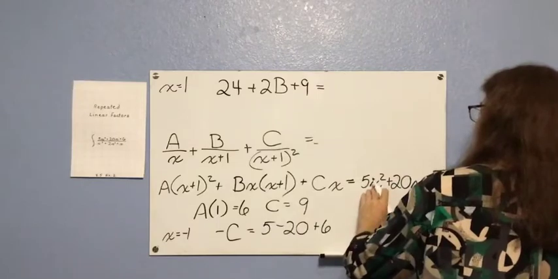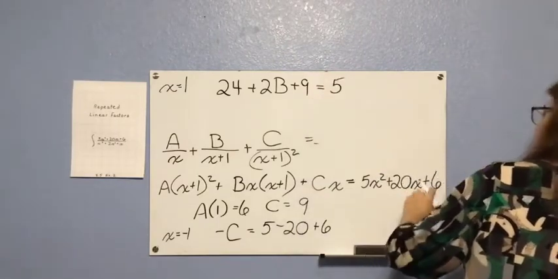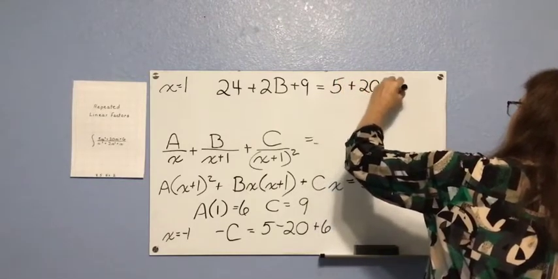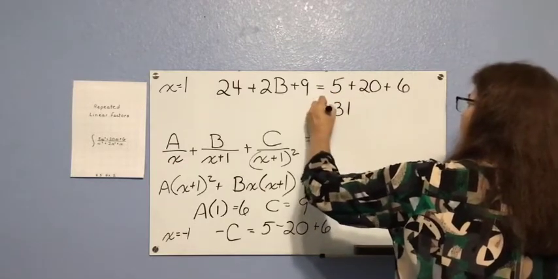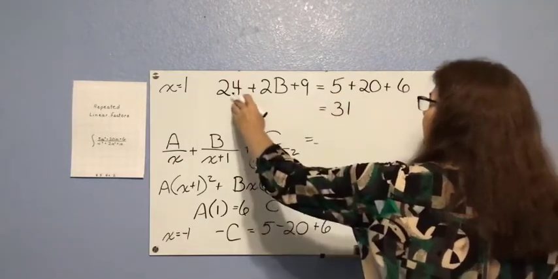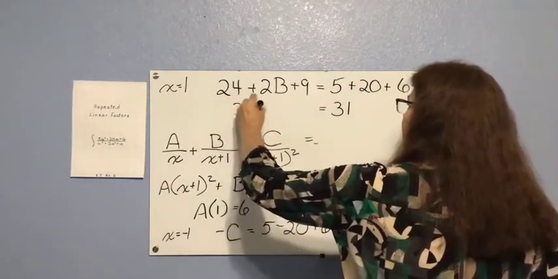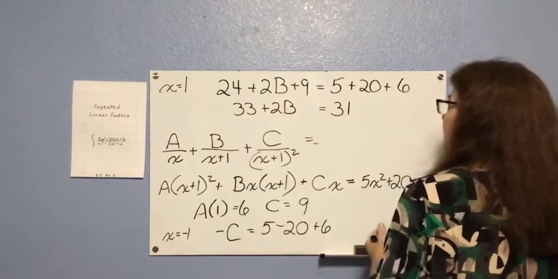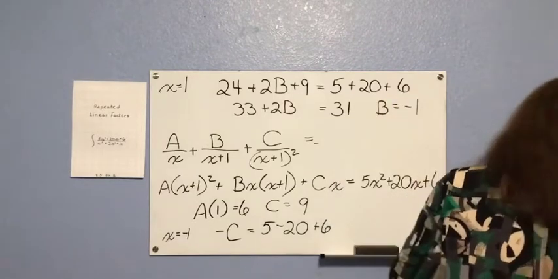And on this side, 5 times 1 squared is 5. 20 times 1 is going to be 20. And 6. So this side is 31. Here I've got 24 plus 9, so 33 plus 2b equals 31. And we can see that b equals -1.